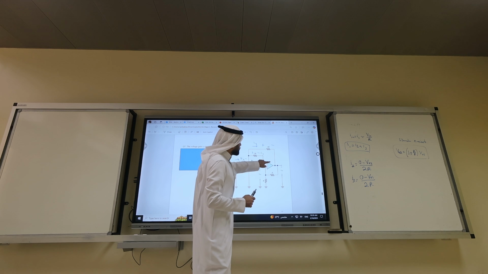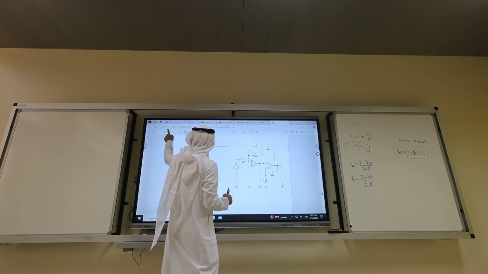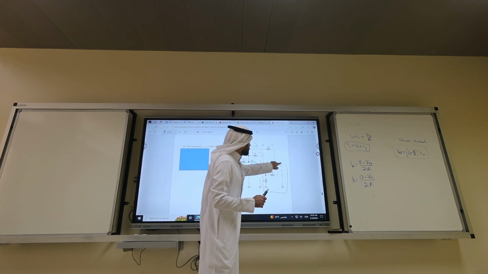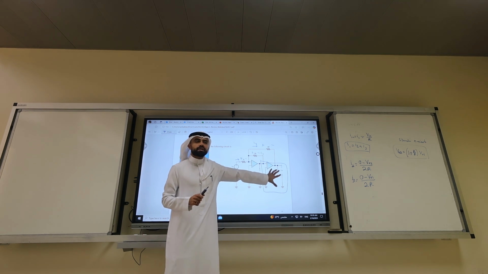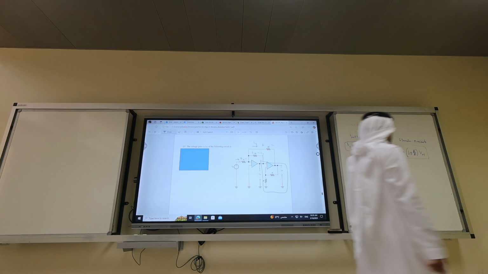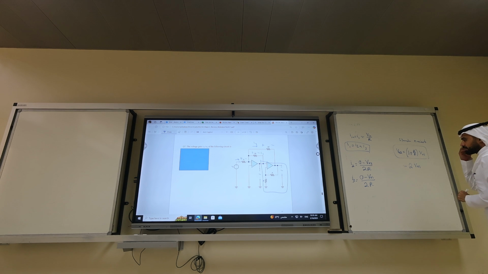The whole thing here, negative feedback, is this thing. This is a non-inverting amplifier. So this implies V output 2 equals 2 V output 1, right?